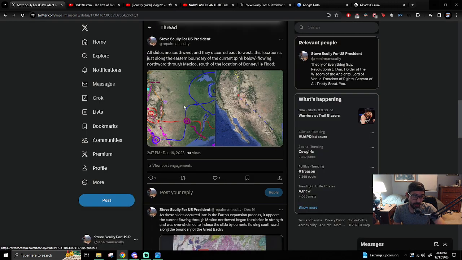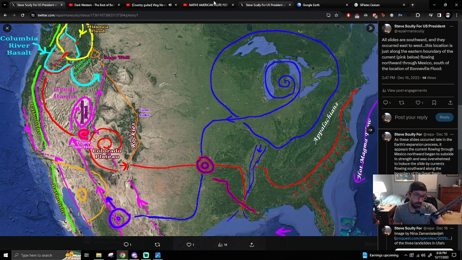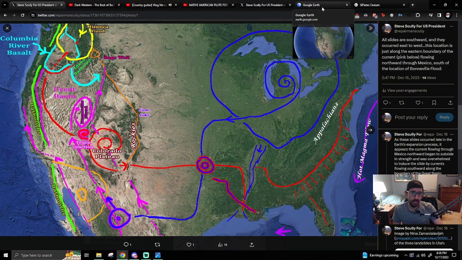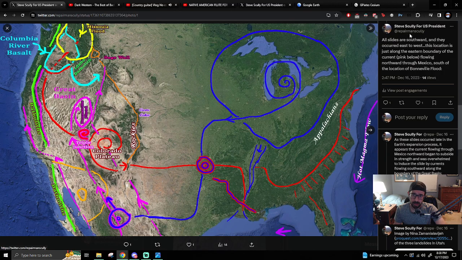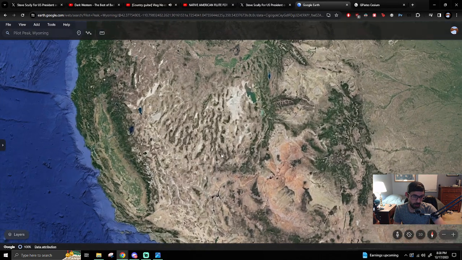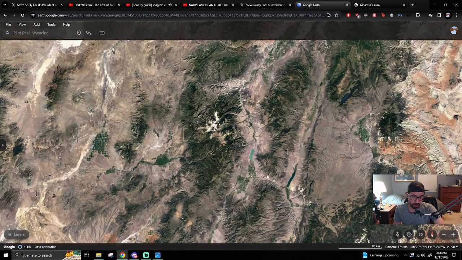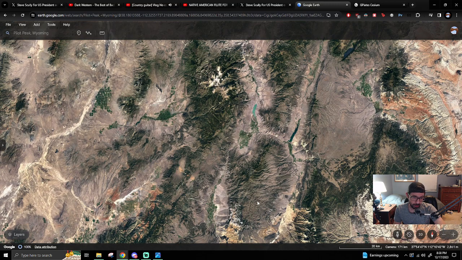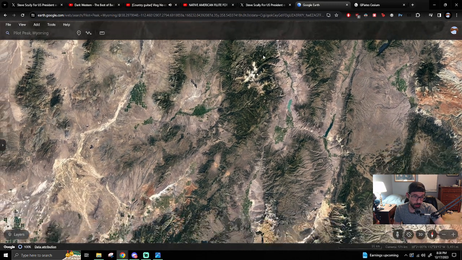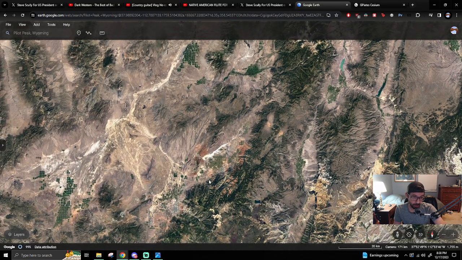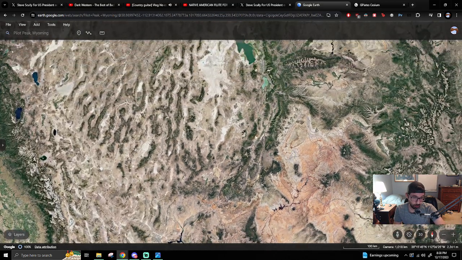And then I said all slides are southward. So I didn't say, but that's what he said. All slides are southward. And they occurred east to west. So they all, like a chunk from up here, moves southward, and a chunk from over here moves southward, and a chunk from over here moves southward in that sequence, east to west.